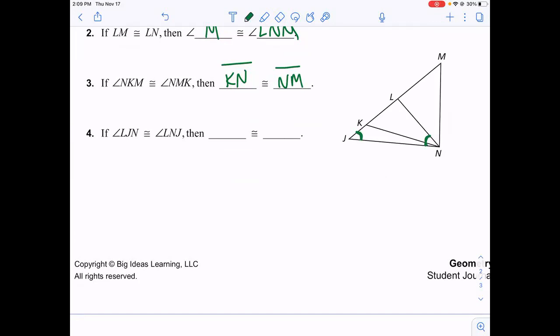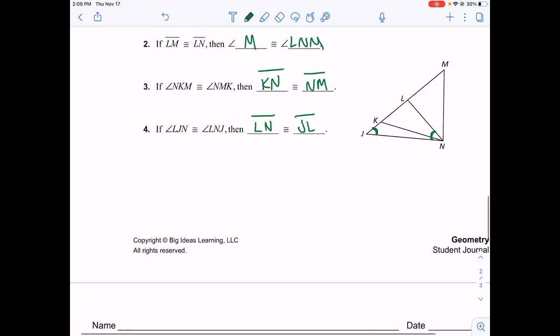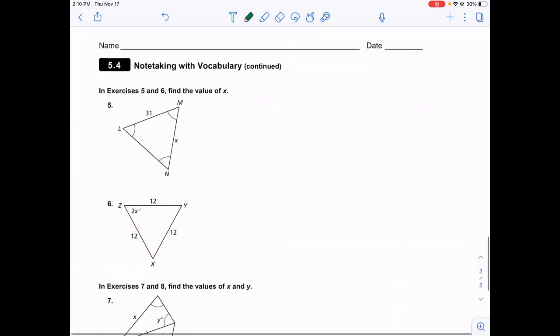Okay. Harper, what 2 sides are congruent here? Well, I heard it wrong, so I can't even guess. Okay. I think it's LN and JL. Good. Good job.